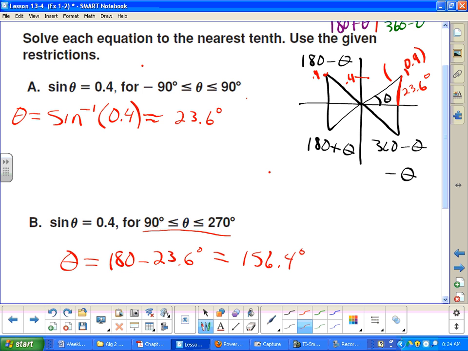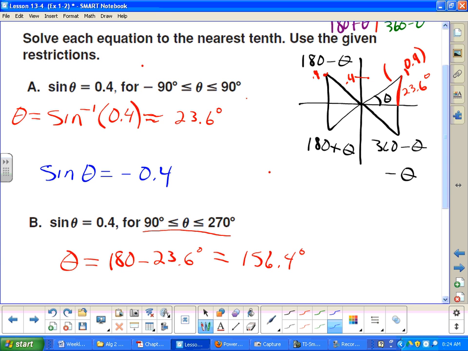Okay. So if they change this and they said, okay, I want to know when the sine of theta equals negative 0.4, well, what I would do then is I would find the reference angle in the first quadrant.